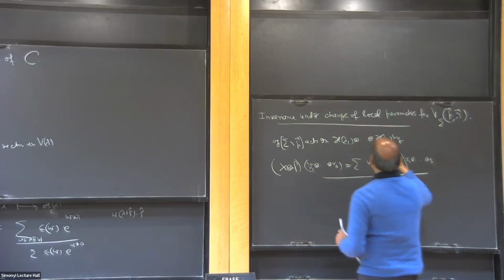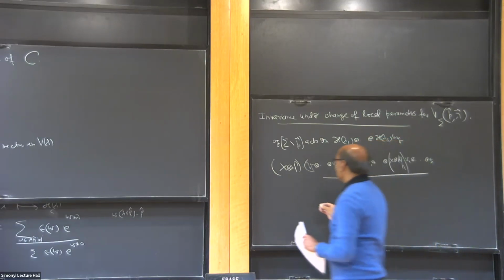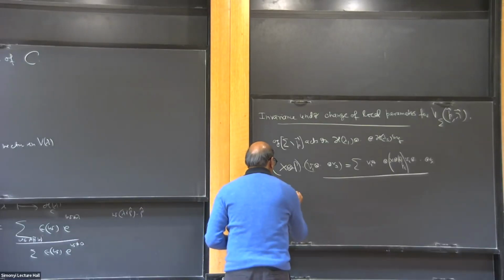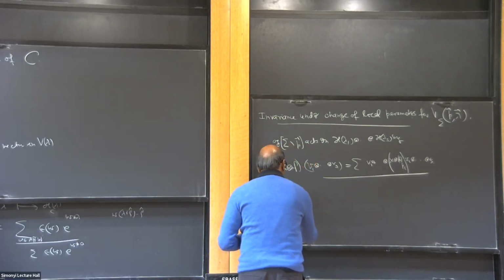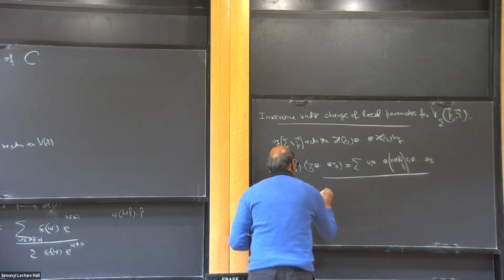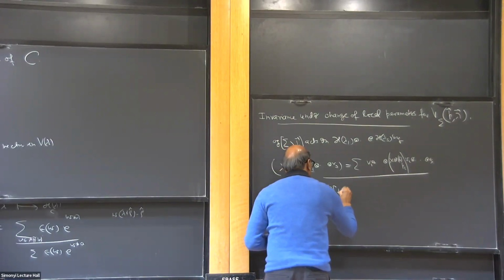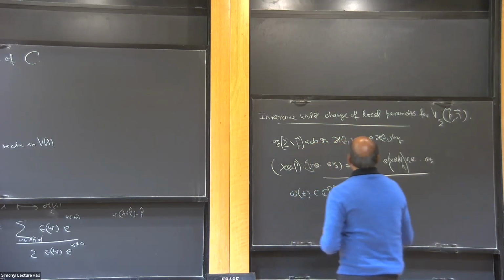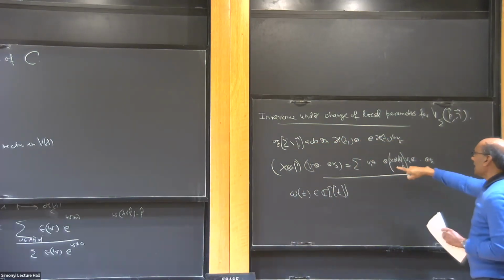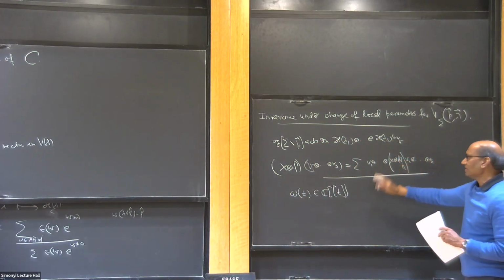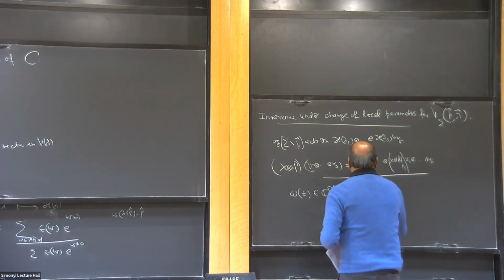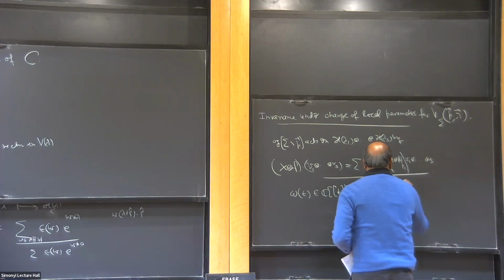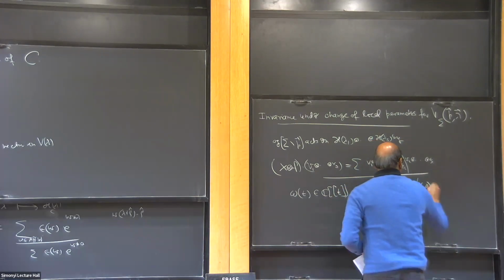So if I fix one local parameter, then any other local parameter is going to be given by a power series. I'm just focusing my attention on one of the Pi, and I'll just call it P. So omega of t, in C[[t]], with two properties: omega of 0 should be 0, and omega prime of 0 should be non-zero.